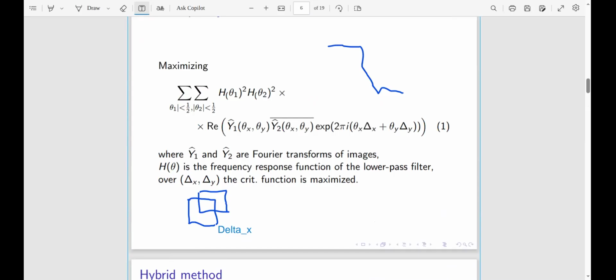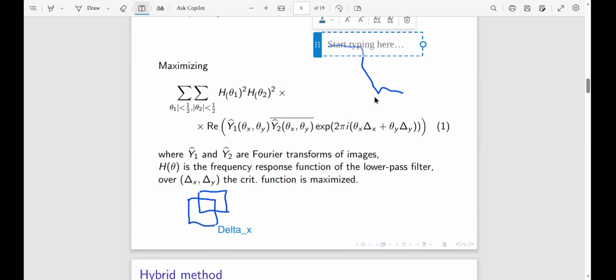Yes, regularization is hidden in this multiplier. And h is an even function which is one around zero, and which is finite, and which is zero when the argument is greater than one half.